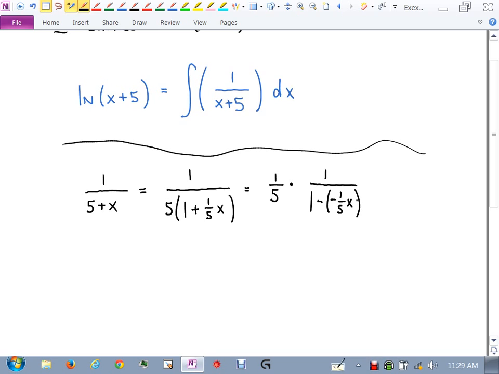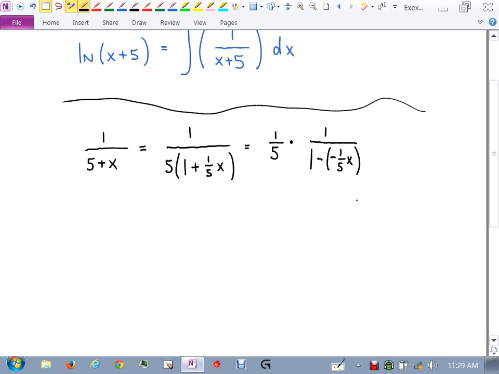And now, using the formula, I know that this turns into 1/5 times the infinite power series, n equals 0 to infinity, of u to the n, which is negative 1/5 x to the n. You all buy that? Understand that? Have any questions?